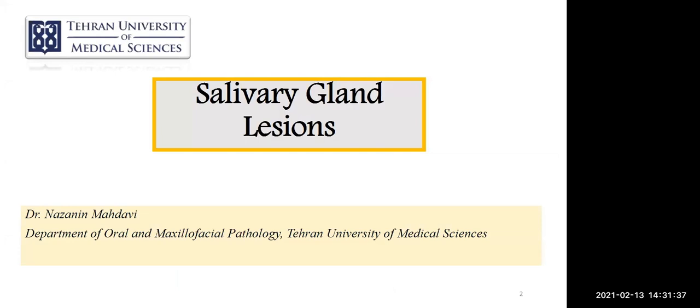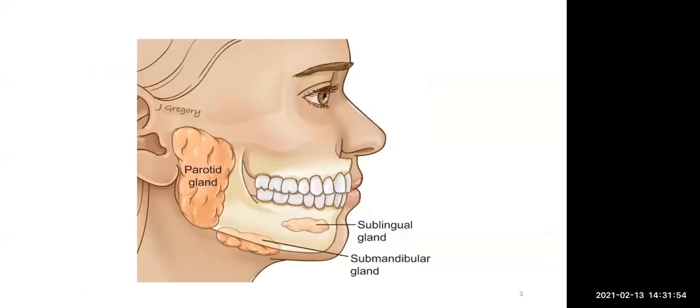In the upcoming presentations, my colleagues and I are going to share some cases which are important for a dentist to know. I'm going to share some lesions of salivary gland origin. As you know, saliva is secreted by some major salivary glands and a couple of minor glands scattered through the oral cavity.